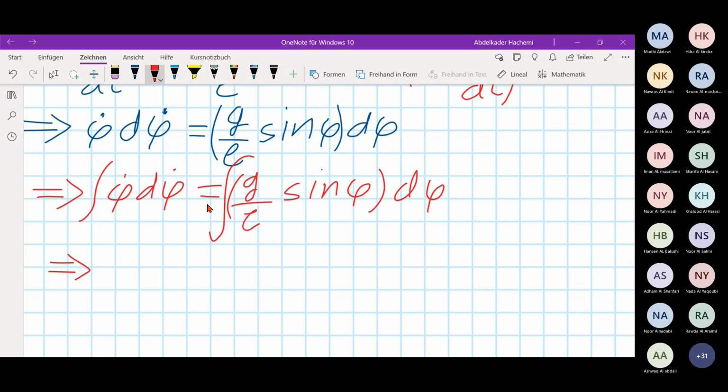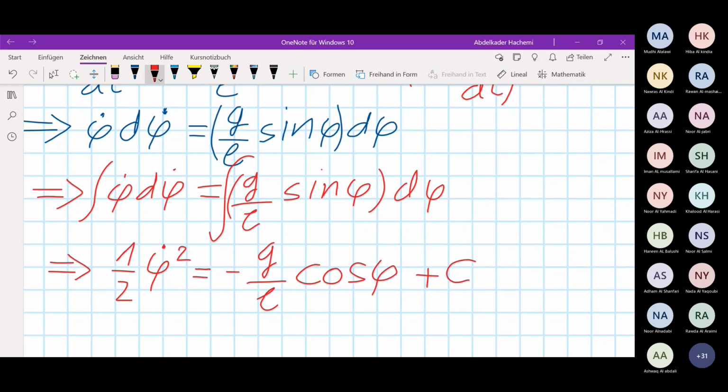Then we get one half of phi dot square equal to minus g divided by L cosine phi plus constant C.